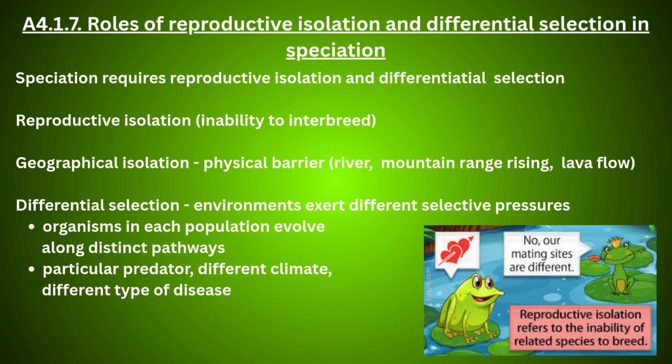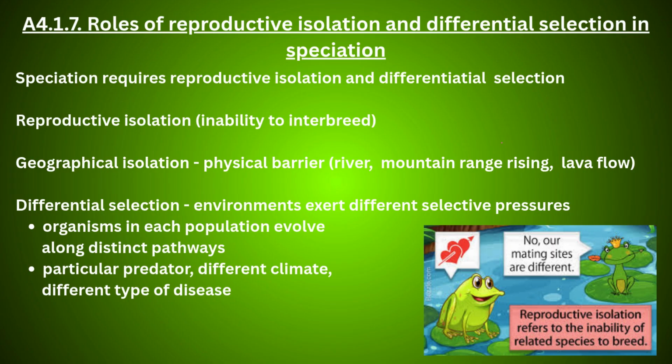preventing interbreeding. The second crucial element is what we call differential selection. This occurs when environments exert different selective pressures on the isolated populations.